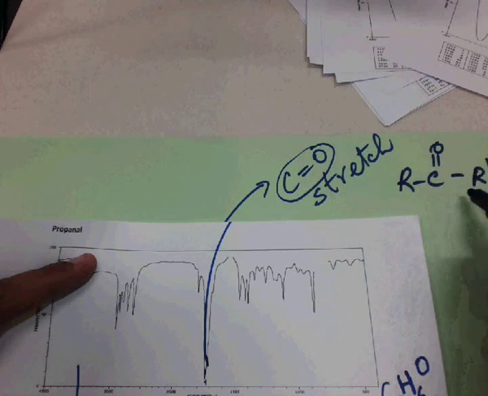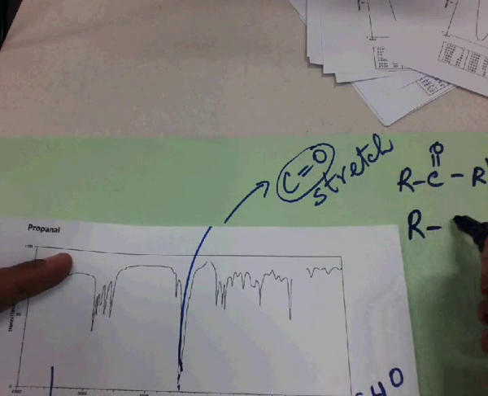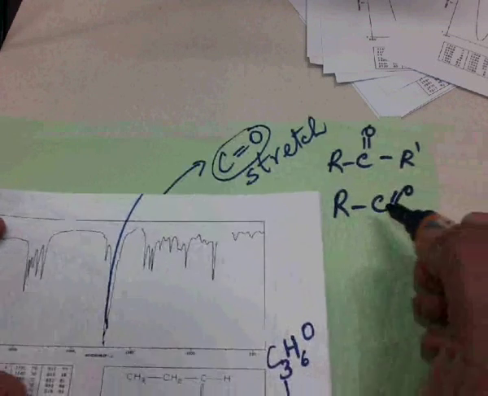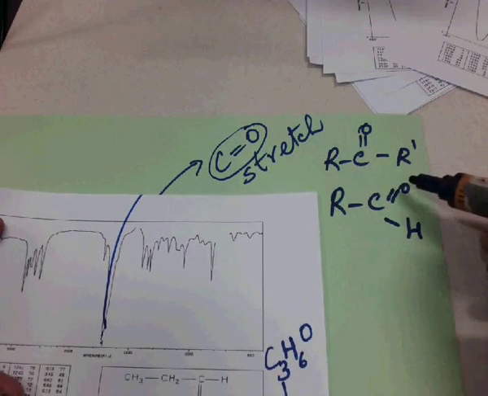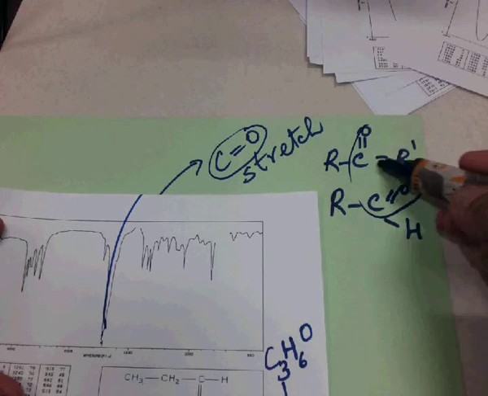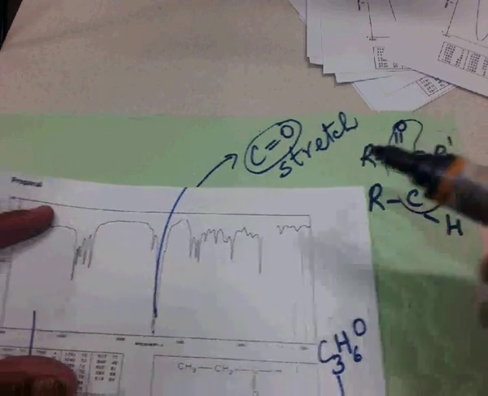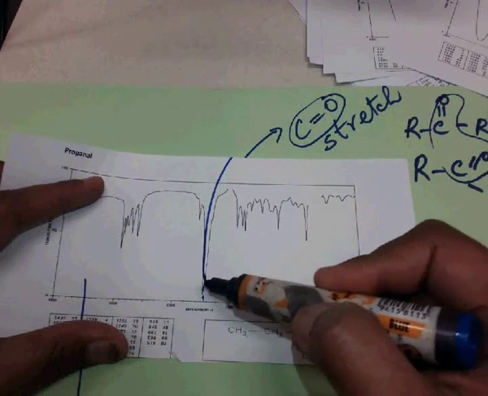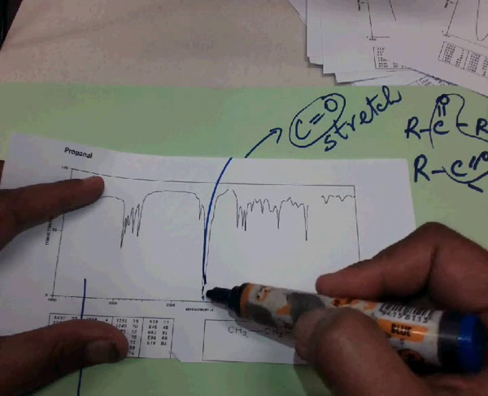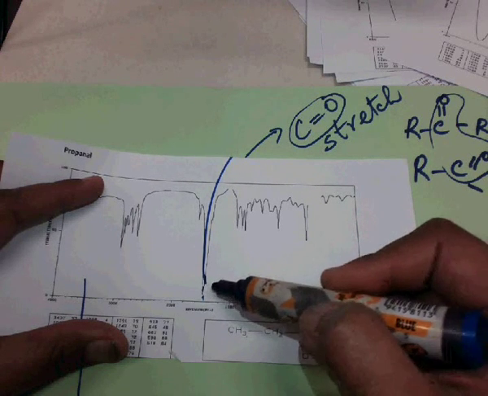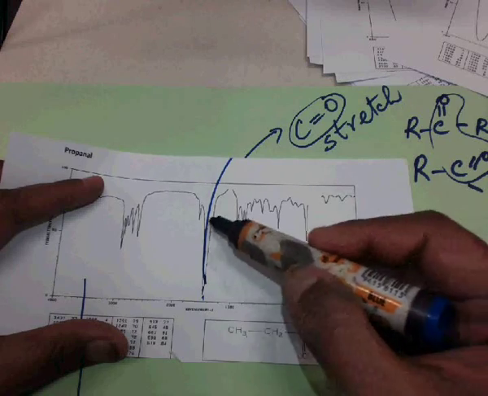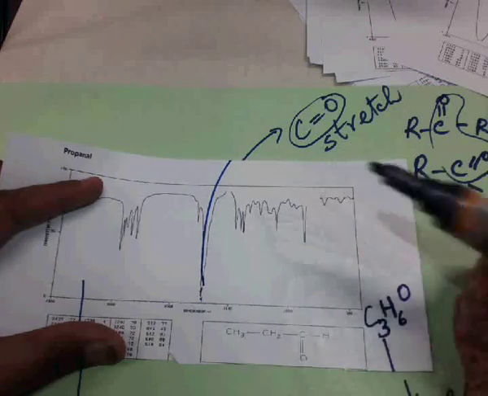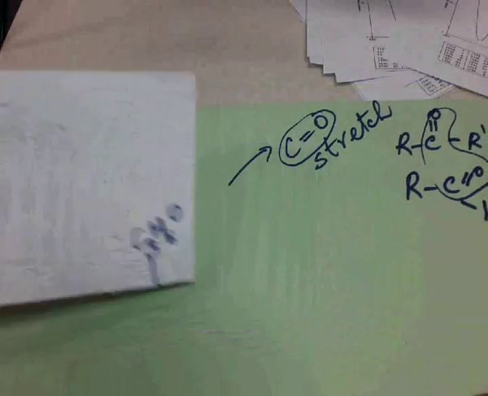But an aldehyde is R, C double bond O, and then hydrogen. So what is similar is this group for both of them, and that is what you see as a very strong narrow peak between 1670 and 1780 per centimeter. That is a C double bond O stretch. Alright, so those two are over.